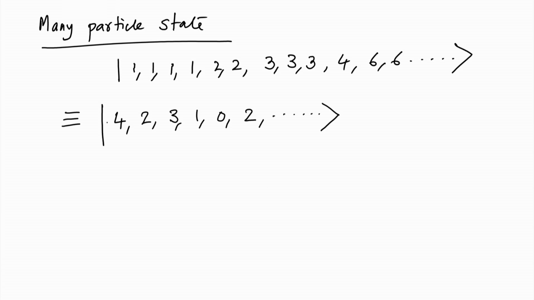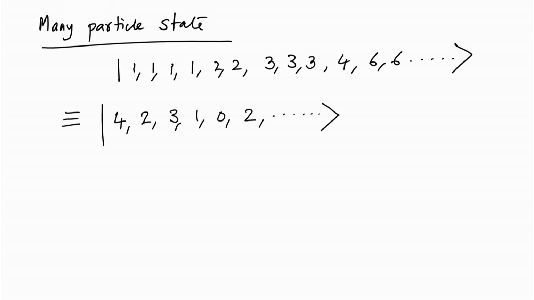So, there are 4 particles at the first 4 positions, rather, there are 4 occupancy in the first 4 sites or locations, and then it is 2, then 3, and 1, and there is no 5, so we put a 0, and then there are 2 at 6, and so on.